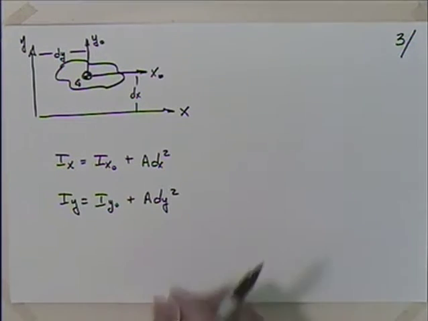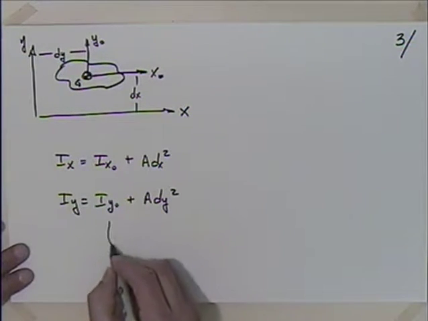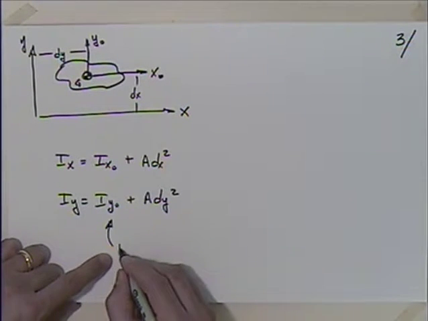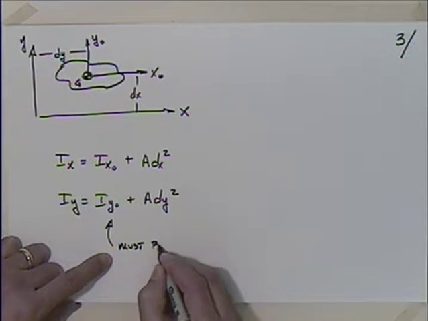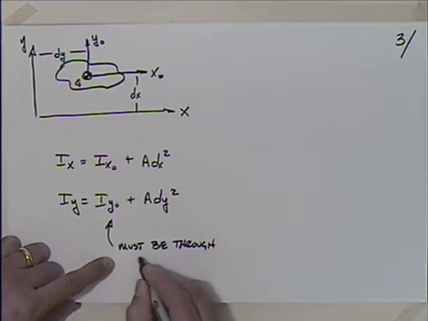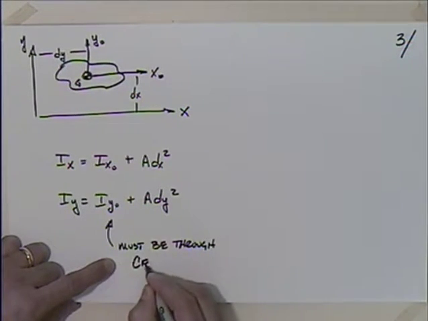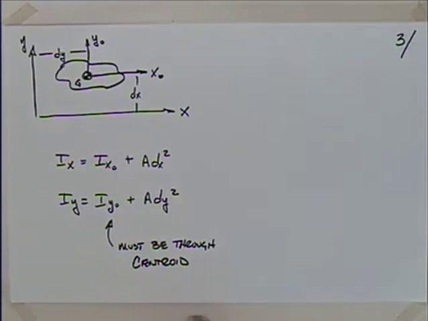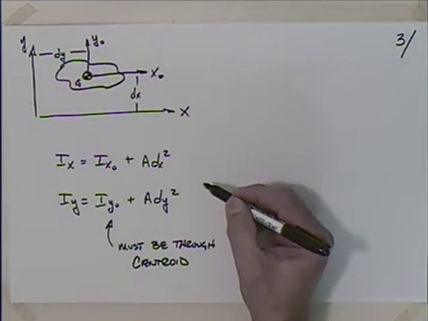And the big thing about this is that this has to be through the centroid. I probably shouldn't have said the mass center; it must be through the centroid.